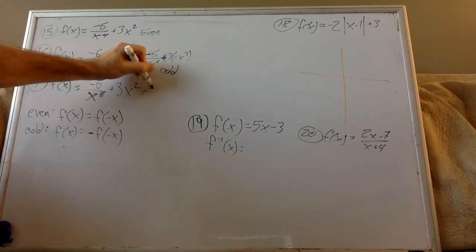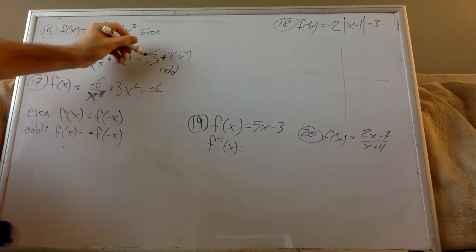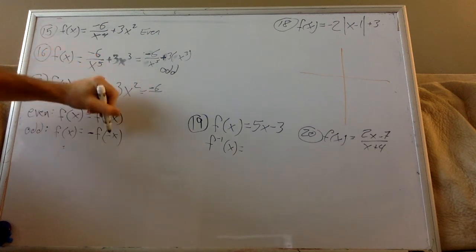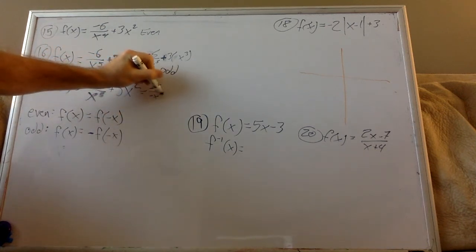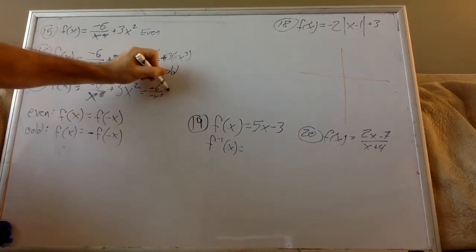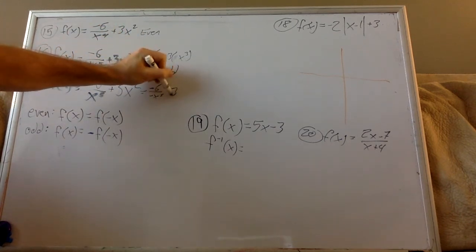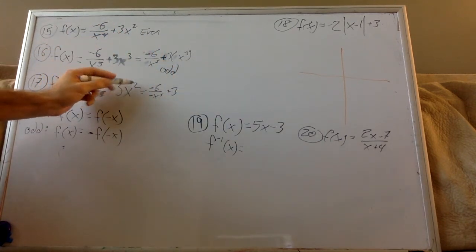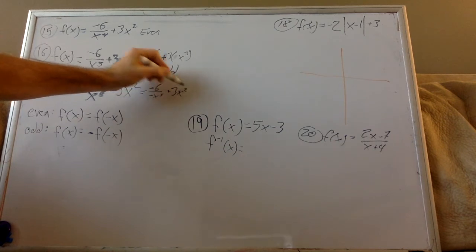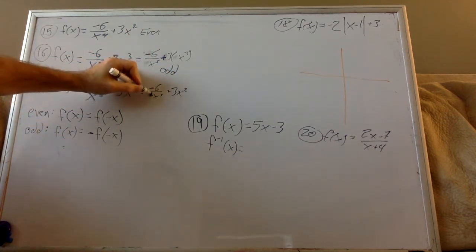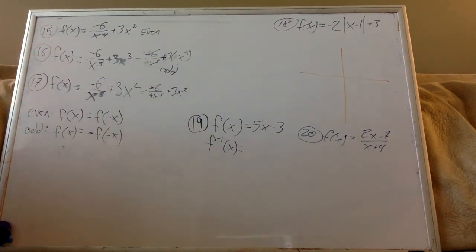Here I have a -6, and just like here, if I put in the negative, it's going to be -x to the fifth. And here I have 3 times -x squared, which is just going to give me x squared. So these become positive because I have a negative divided by a negative.